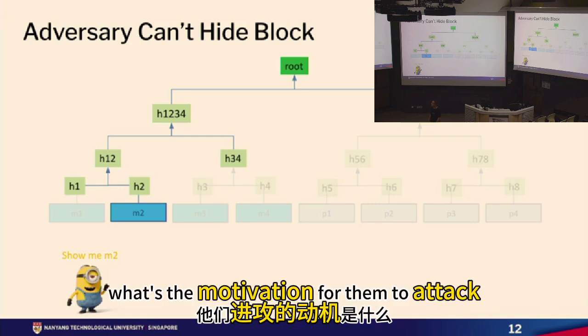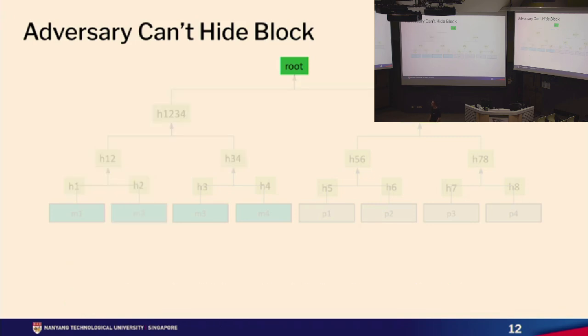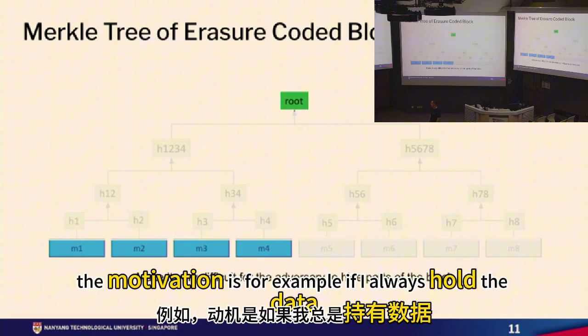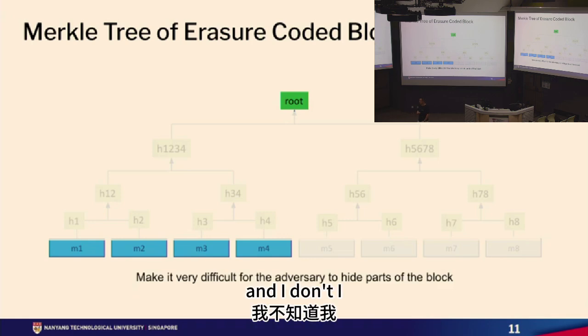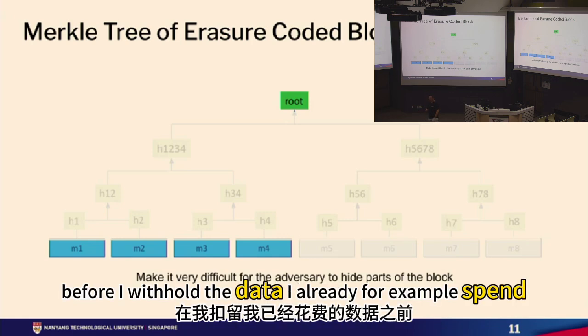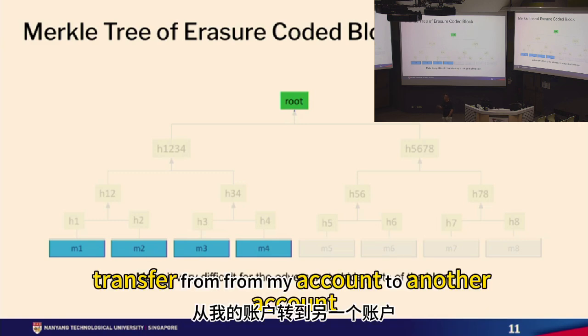What's the motivation for them to attack? The motivation is, for example, if I withhold the data, and before I withhold it, I already transferred 100 ETH from my account to another account.